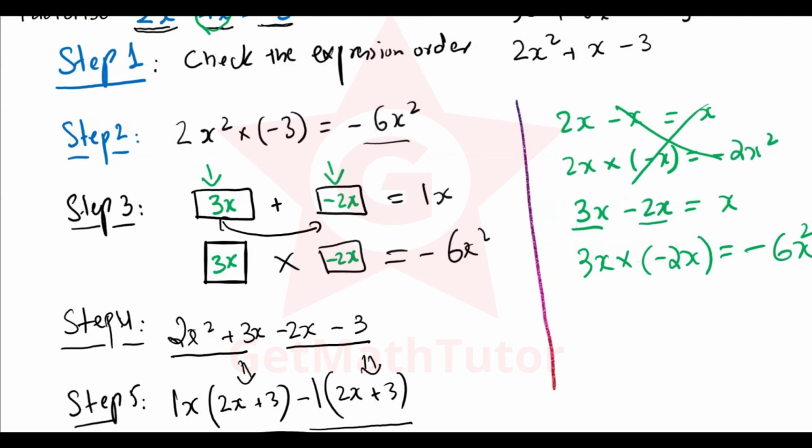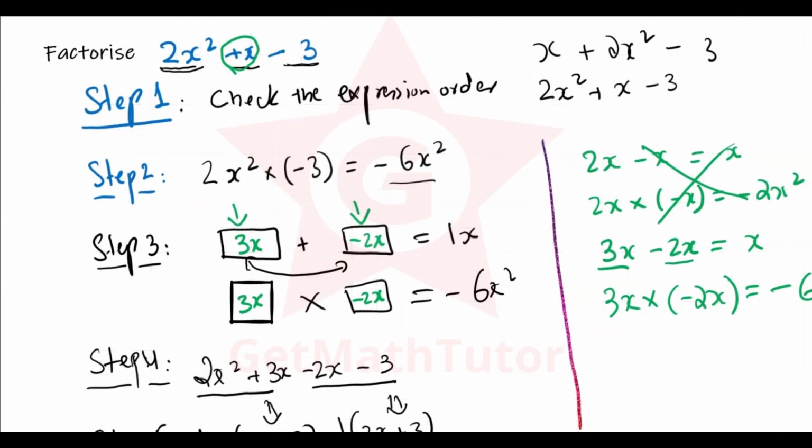So once again, our steps are, we had to factorize 2x squared plus x minus 3. First, step 1, we check if the expression is in the right order. That is, the term with the highest order, which is the quadratic order, is on the left hand side, and then x has descending powers as we go towards the right hand side.